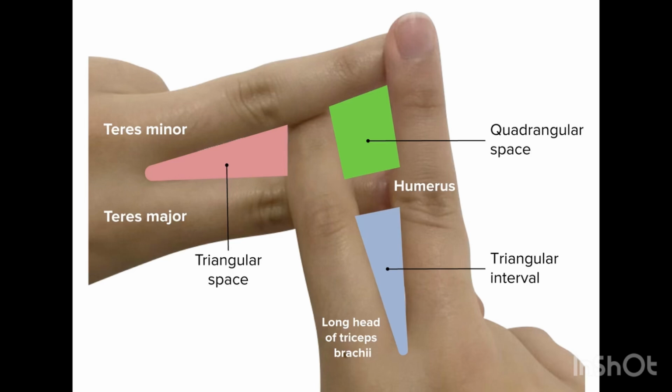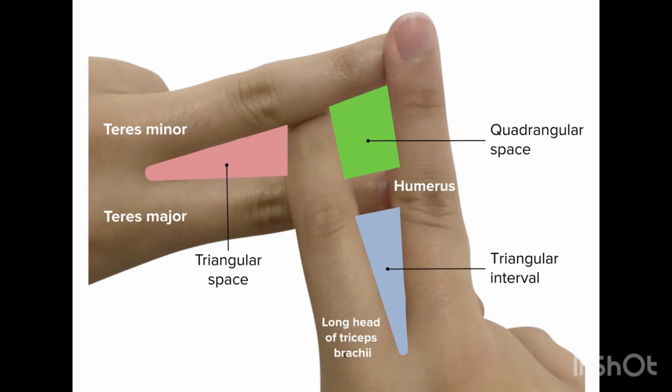But in some texts you can only see teres minor, though you should know there are other parts in the superior boundary apart from the teres minor. Don't forget, inferiorly, you can see the teres major.